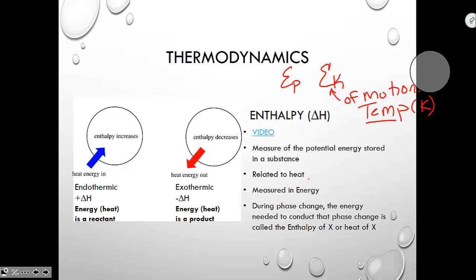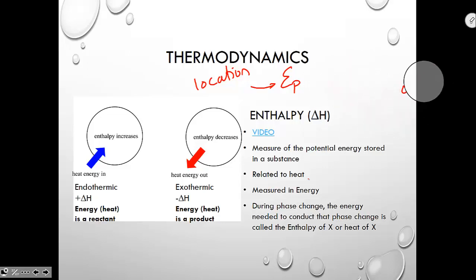So when we talk about kinetic energy in this class, we'll often talk about the energy of motion. In 8th grade, you learned about potential energy, which was based off location. Potential energy, or energy based on location, does not really apply in chemistry because the top of a beaker and the bottom of a beaker are effectively the same. And so we don't talk about potential energy in chemistry in terms of location.